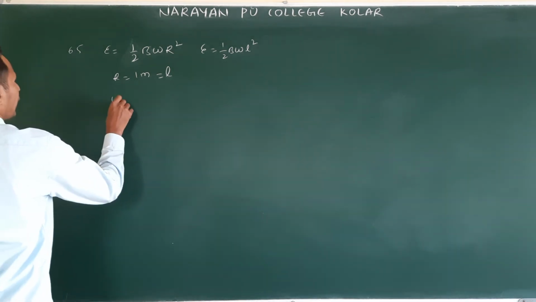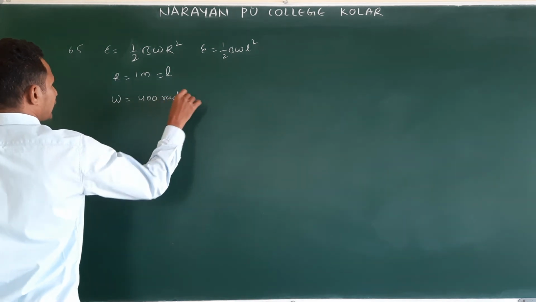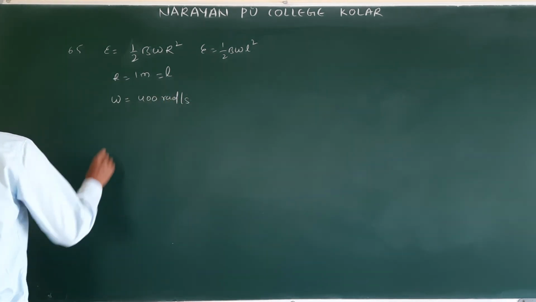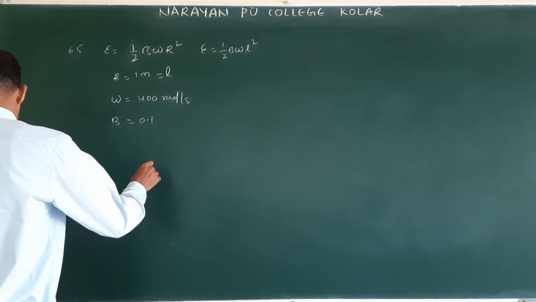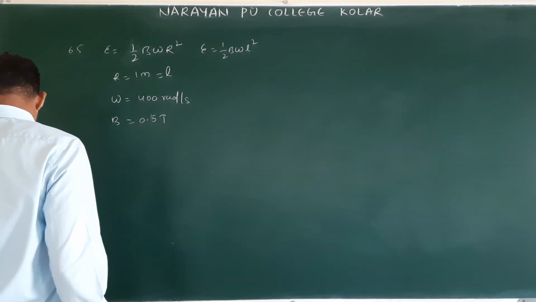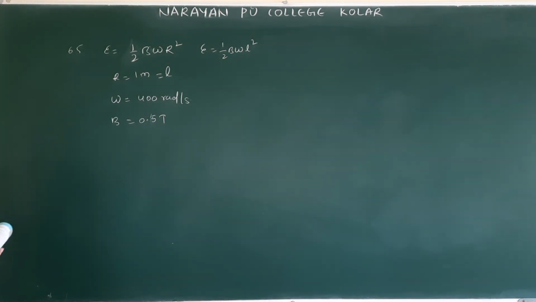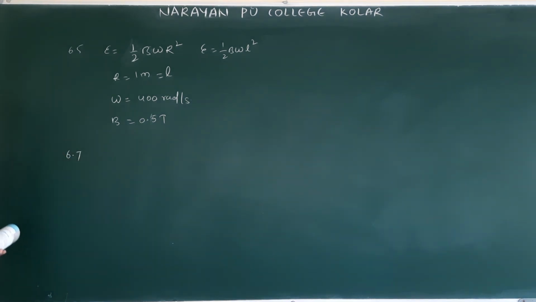Angular frequency omega is 400 radian per second. Next, the magnetic field B is 0.5 Tesla. Then directly substitute to get the answer. We will go for the 7th question.